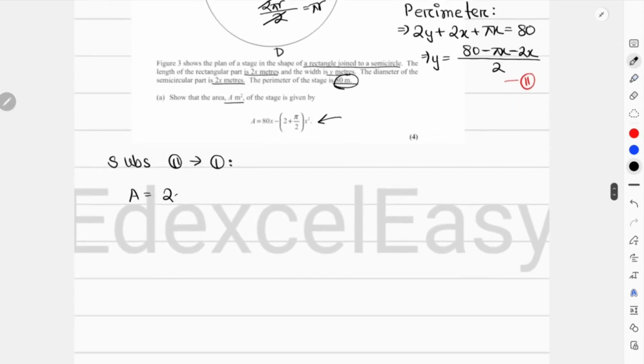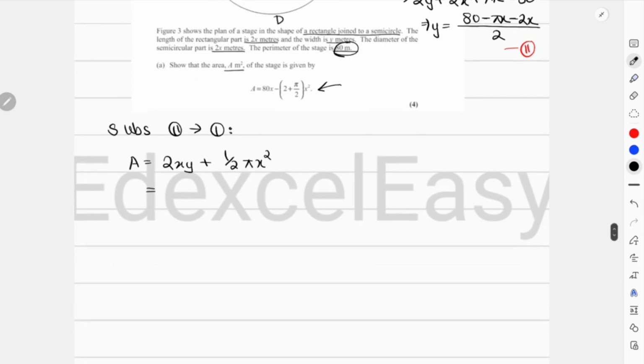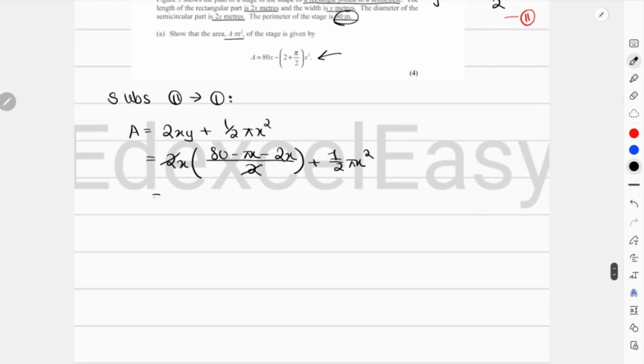Area, previously you got 2xy plus half pi x square, and instead of y we're going to now introduce it to that equation, which was (80 minus pi x minus 2x) over 2 plus half pi x square, which certainly means these two get cancelled out, and this entire expression will then be multiplied with x again.